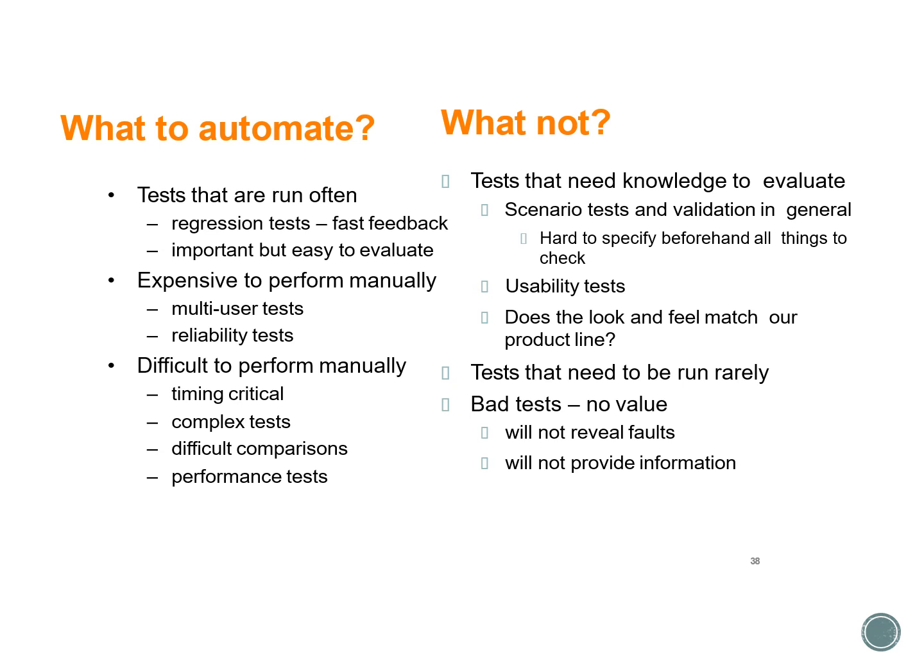So, to summarize a bit, if you want to automate, of course you need to automate things that are run often. If you are trying to automate things, you probably want to also focus on things that are expensive to do manually.